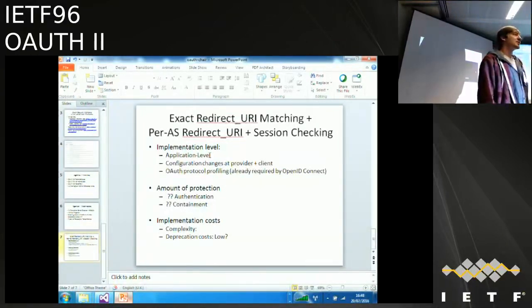So I didn't mean to imply that nobody is willing to make any changes. It's a risk-benefit analysis. All of the conversations I've had with the various implementers, everybody has said, we don't believe that the risk for this attack is sufficient to warrant this individual breaking protocol change, which people may or may not implement.